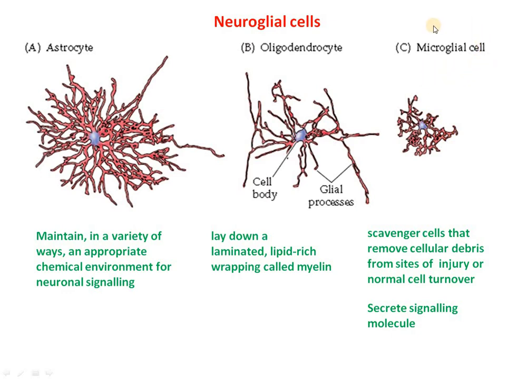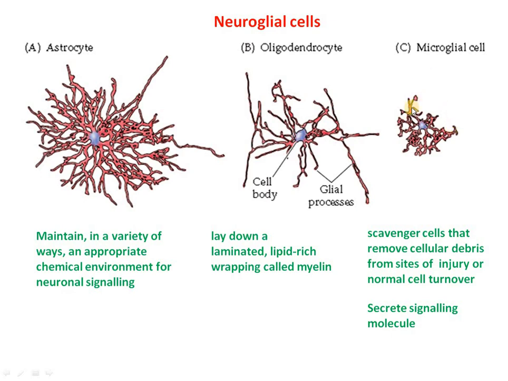Microglial cells are another type of neuroglial cell, which is basically a scavenging cell responsible for removing cellular debris from the site of injury or normal cell turnover. If a neuronal cell is damaged, that damaged neuron may produce toxicity within the brain which may affect the neuronal activity, and this is prevented by the microglial cell.